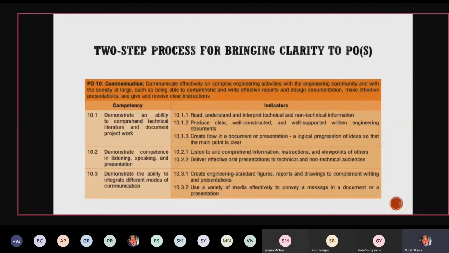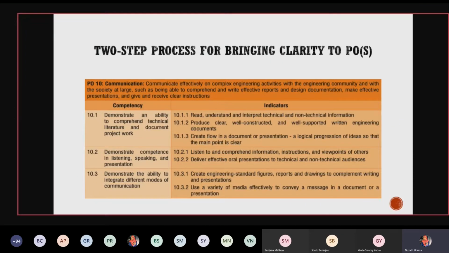These are the performance indicators under the second competency of the communication program outcome. And then the last one, the ability to integrate different modes of communication, which we can divide into 2 performance indicators: one is using figures, reports, and drawings, and the other is to effectively convey it using the different media available.